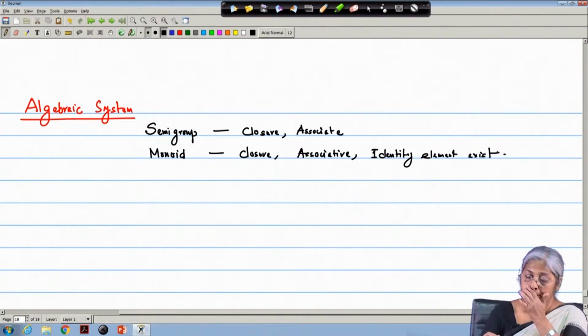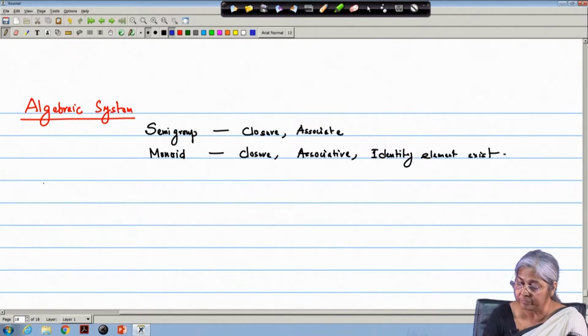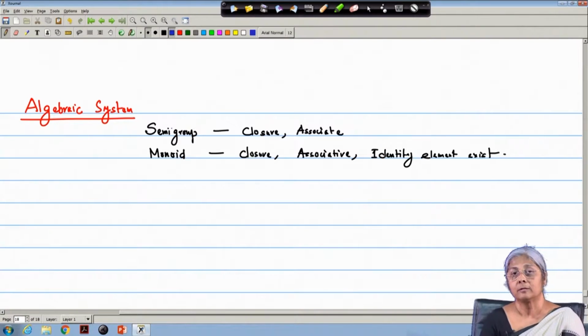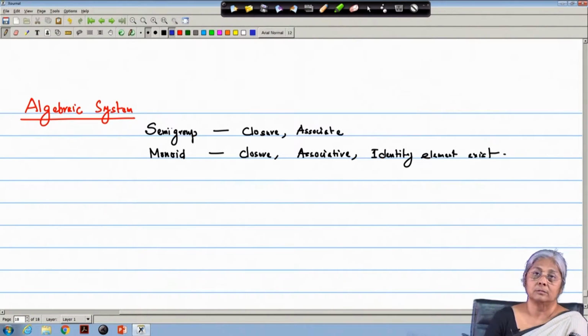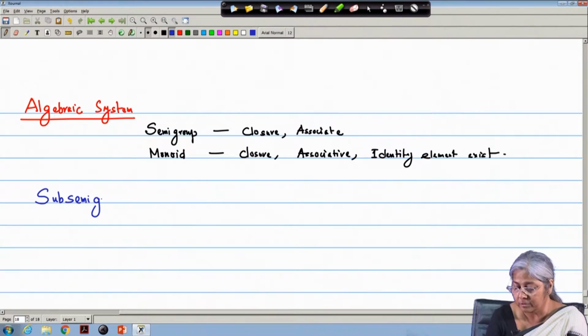Now, we define a sub semigroup, because for both these cases we have considered a set and given examples. So, how do we define a sub semigroup or sub monoid?